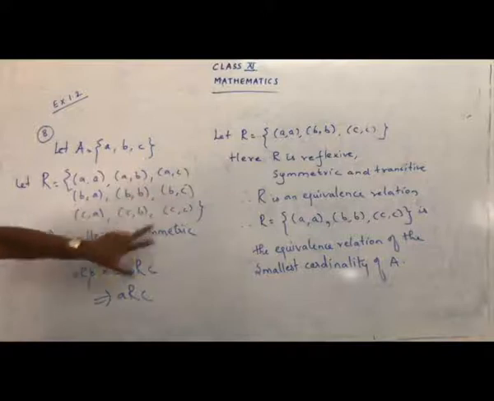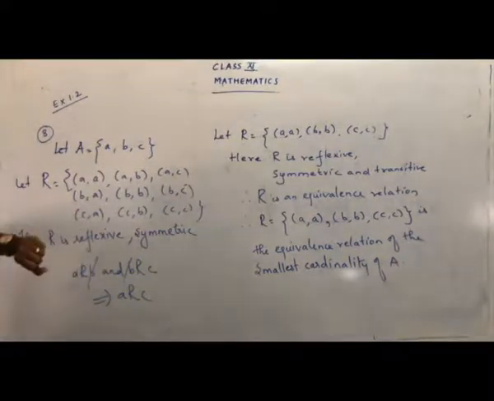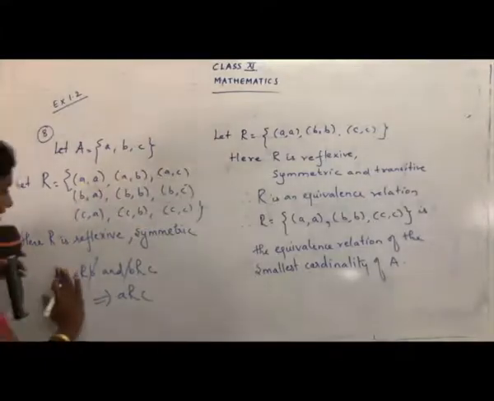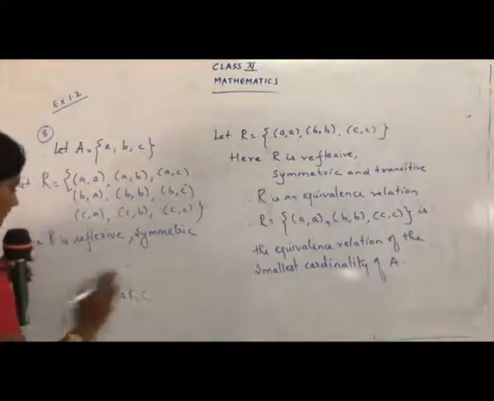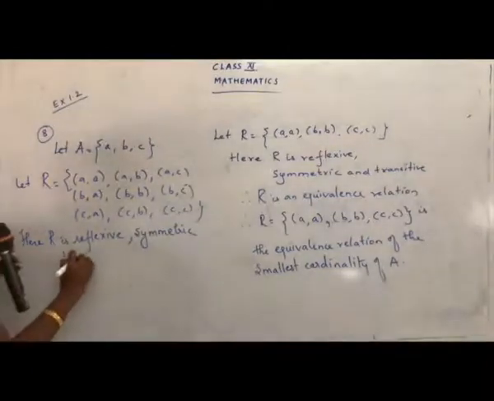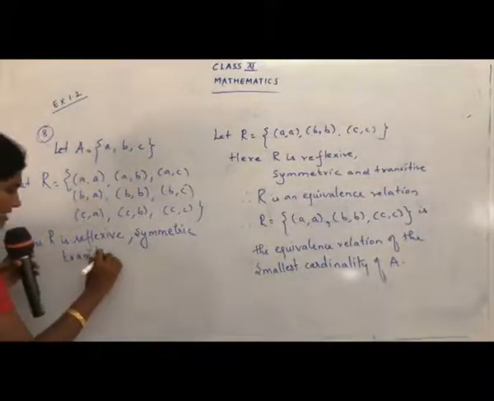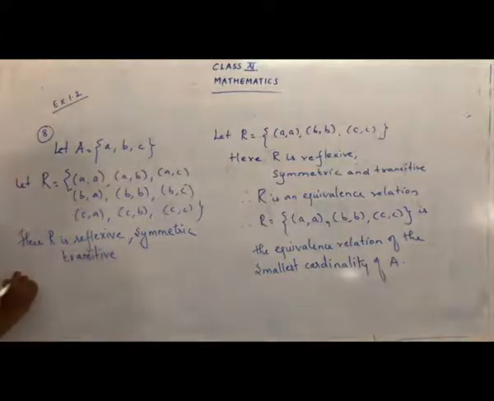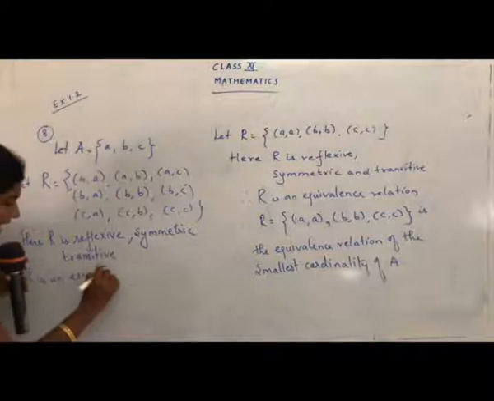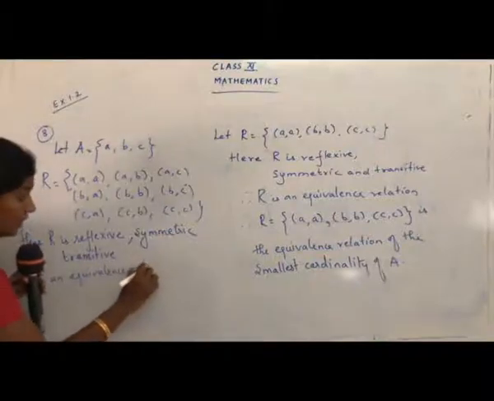BC, yes. AC, yes. We have all the pairs. So we say the given relation is transitive. So here R is reflexive, symmetric and transitive. Therefore, R is an equivalence relation.